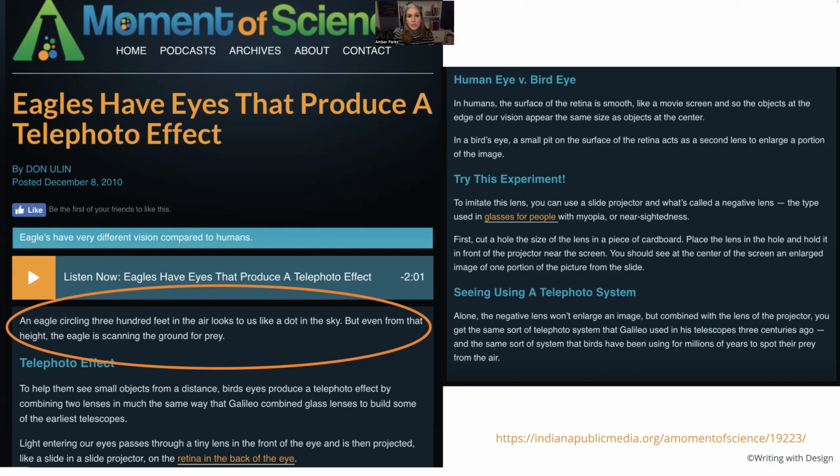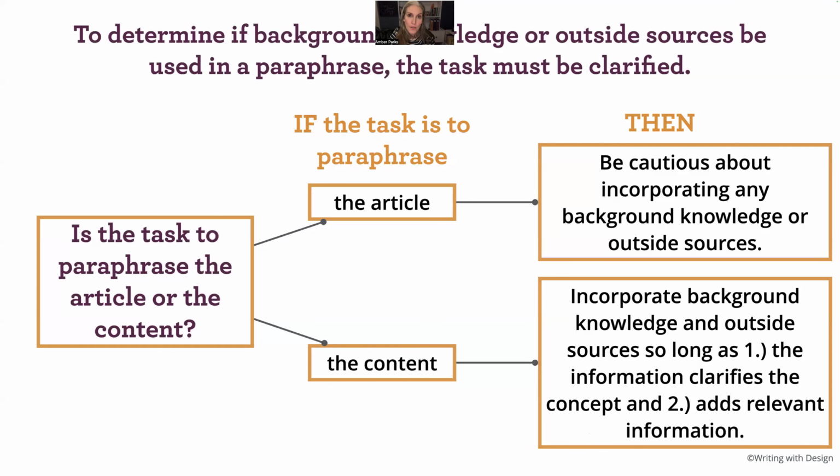And so really the question becomes, am I paraphrasing the article solely and I need to stay true to what's there? Or am I paraphrasing the information? And if I'm paraphrasing the information, as long as I can show that it's research backed, that it's accurate information, then I can pull it into my paraphrase. So that's really what this is showcasing, that if the task is to paraphrase the article, then we do want to be cautious about bringing in background knowledge or outside sources because that is not staying truly to the article.